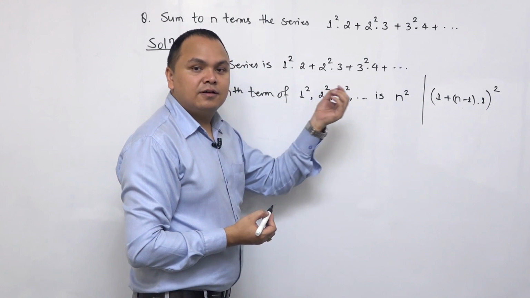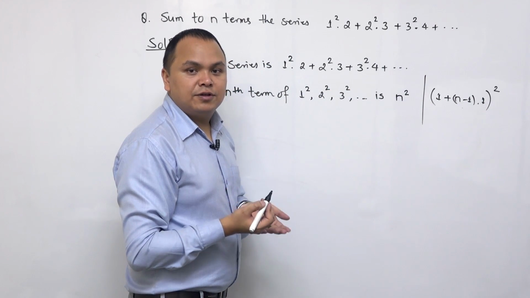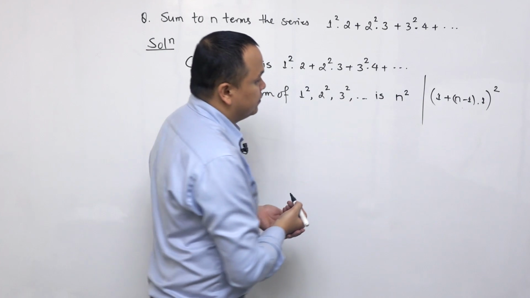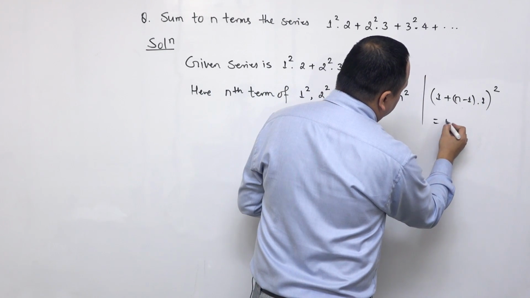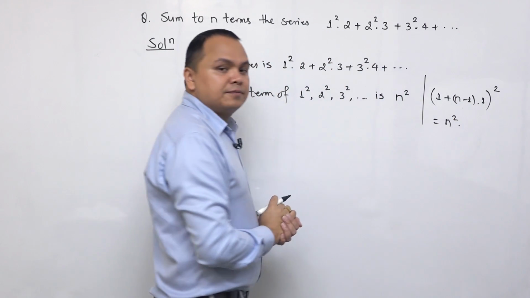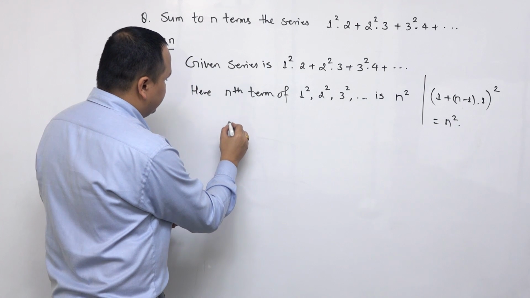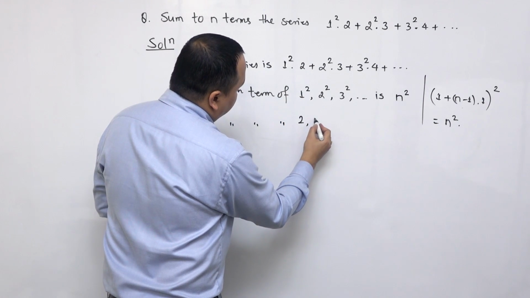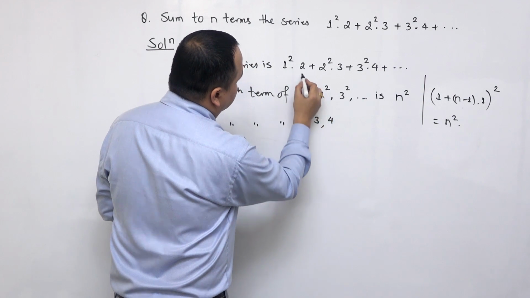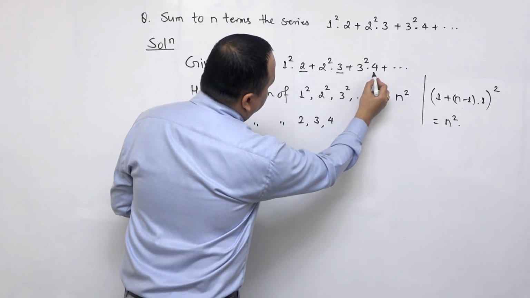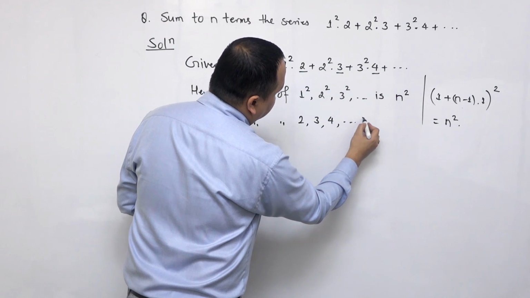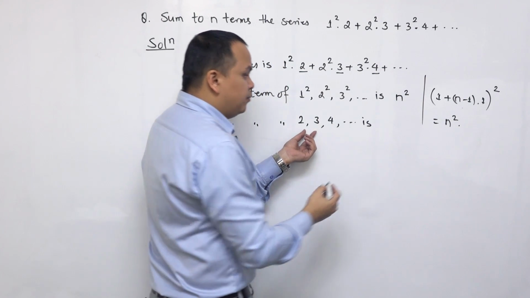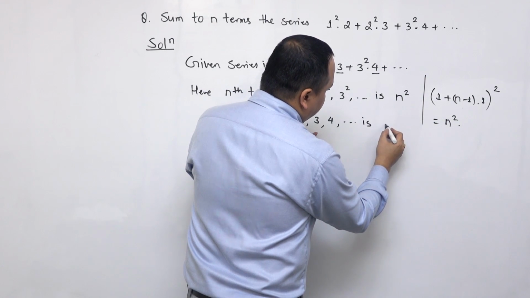Similarly, nth term of 2, 3, 4 is a plus n minus 1 times d.